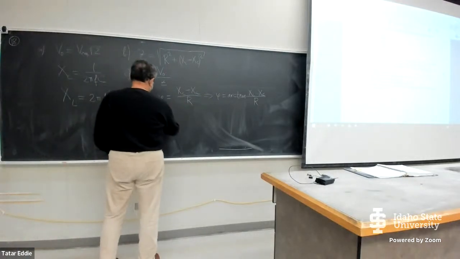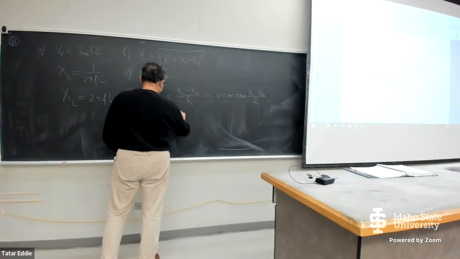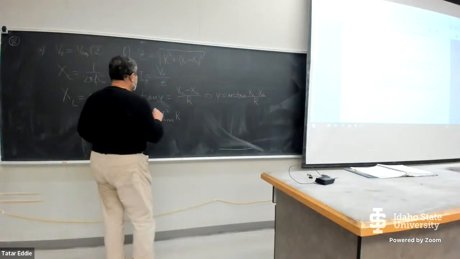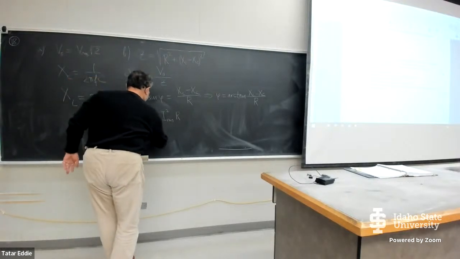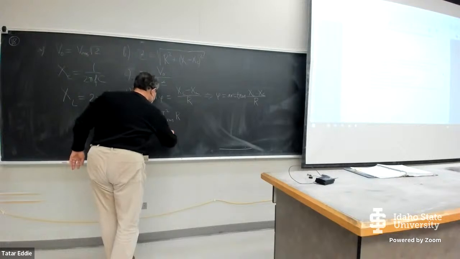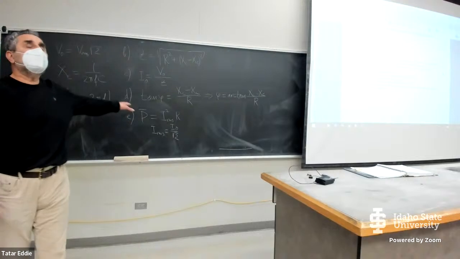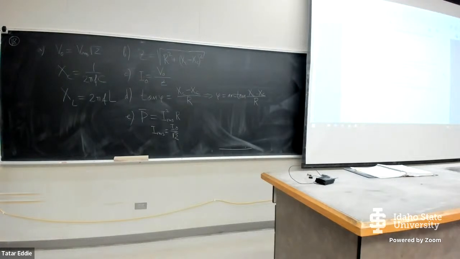Probably the easiest way for our situation is the RMS current squared multiplied by the resistance. And the RMS current is the amplitude divided by square root of 2. RMS current is the amplitude I0 that you calculated in part C divided by square root of 2. So this should work. And you have 3 or 4 additional formulas to calculate exactly the same number. The number should be the same, no matter how you calculate it.